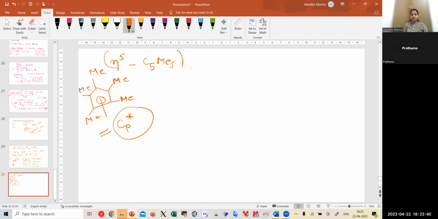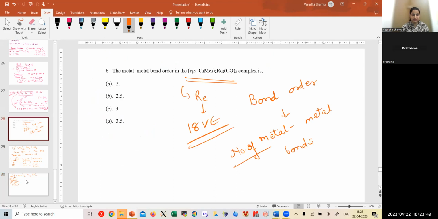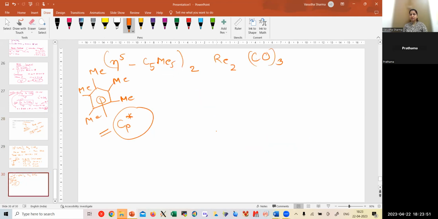This is 2 in number, rhenium 2, carbonyl 3. You need to tell me the total valence electrons of the rhenium. Can you please tell me?